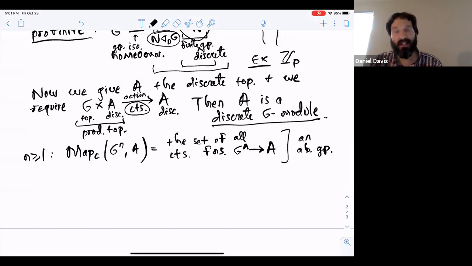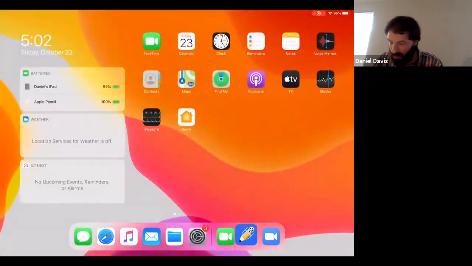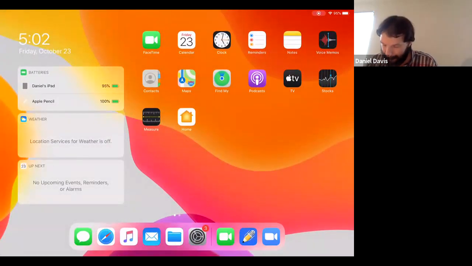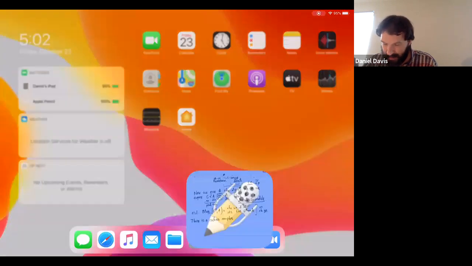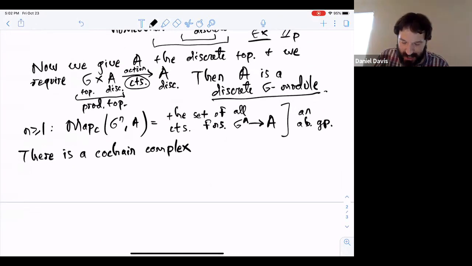Let's continue retelling the story with decoration. Once again, there is a cochain complex that starts with A as before. I'm going to call the maps the same thing.